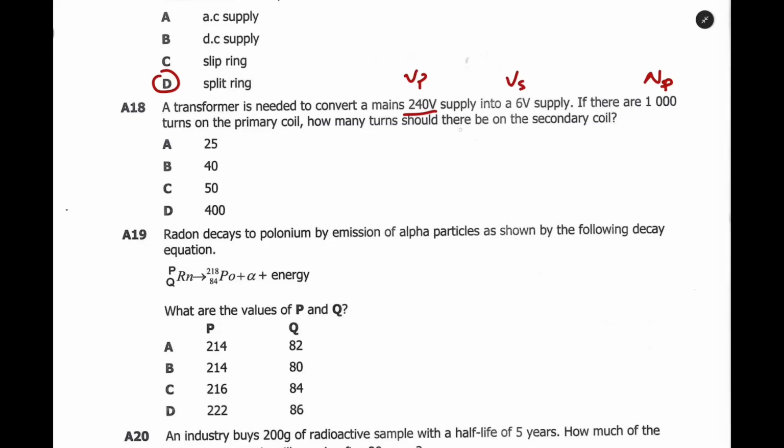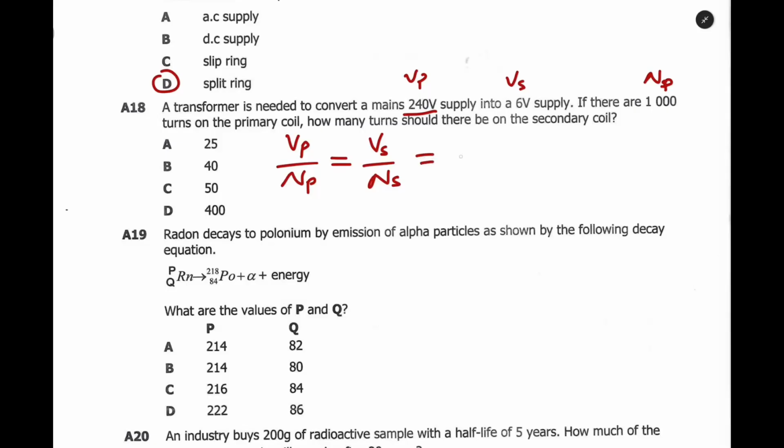So what do you do? So what you're going to use is number of turns, or we can say voltage on the primary. So you're going to say voltage on the primary divided by number of turns on the primary is equal to voltage on the secondary divided by number of turns on the secondary. This is an ideal transformer.